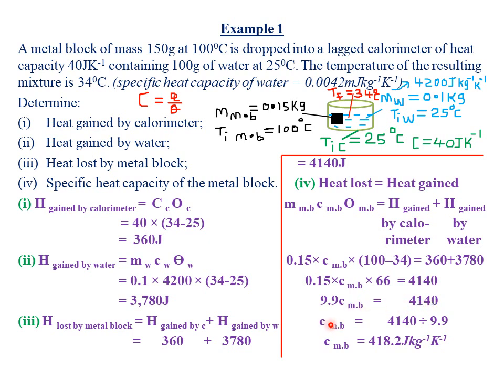So if I make the specific heat capacity of the metal block the subject of the formula, I'll simply divide both sides by 9.9. Therefore, the specific heat capacity for the metal block will be given by 4140 divided by 9.9, which gives me 418.2 joules per kilogram per Kelvin. So it is important to note that this answer is correct to 4 significant figures.